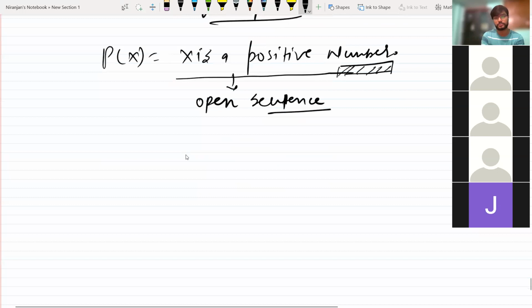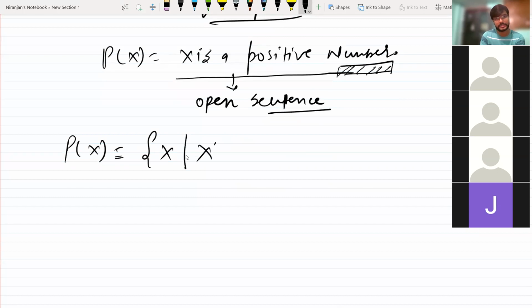Now, if you want to turn it into a statement, you write: x is such that x is a positive number.